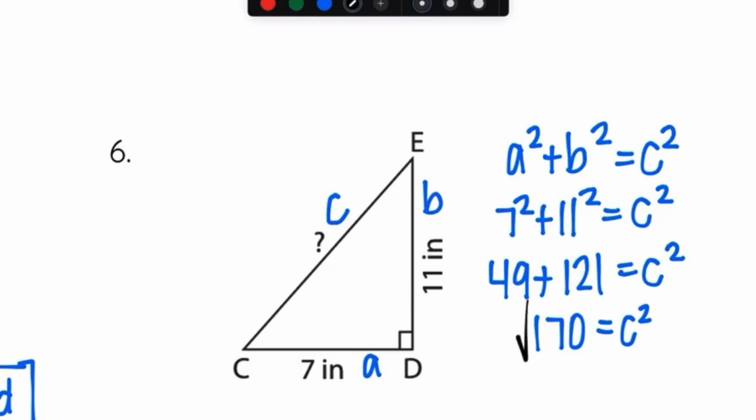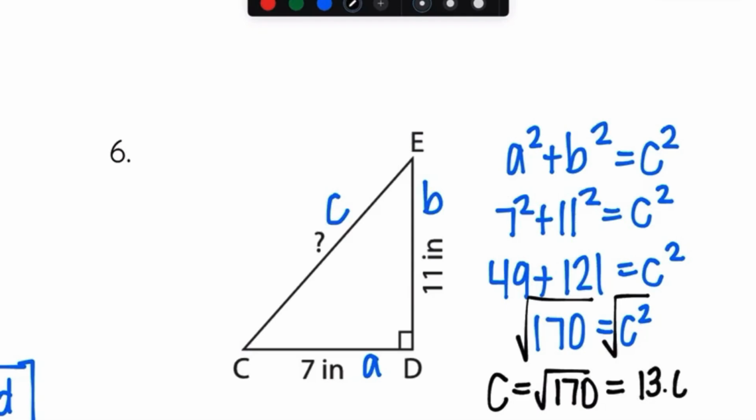Taking the square root of both sides to get rid of the squared. That's not a perfect square, so I get C is root 170, which when you round to the nearest tenth, I get 13.0 inches, okay? And it's not 13 exactly, which is why we have to include that 0.0, okay?